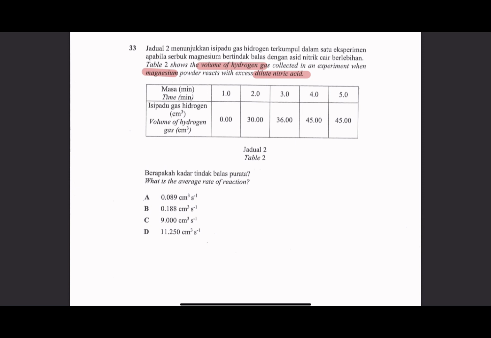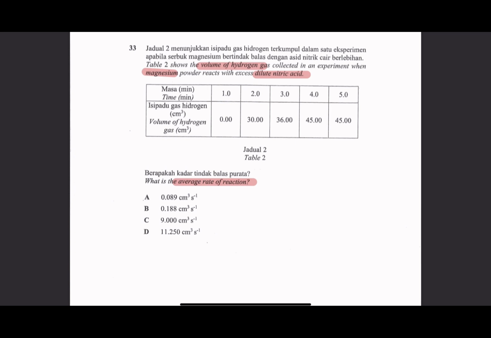What is the average rate of reaction? Okay, we're looking for the average rate of reaction. We have two different types of rate of reaction. One is average, another one is instantaneous. Now we're looking for the average.